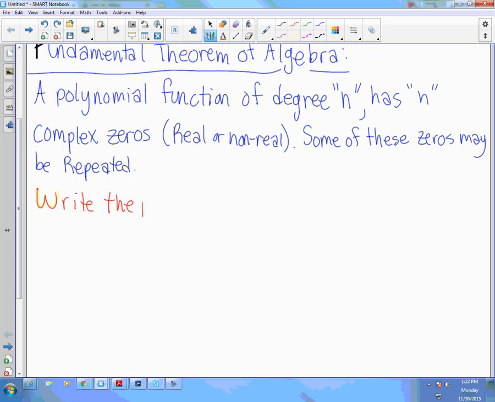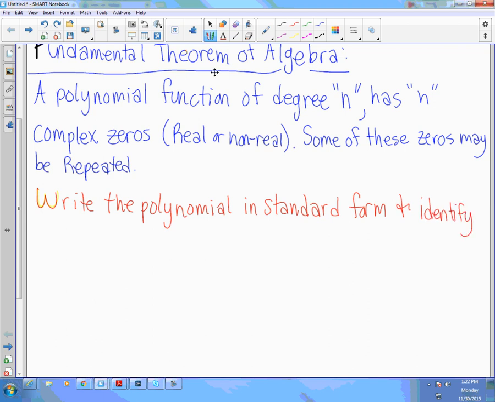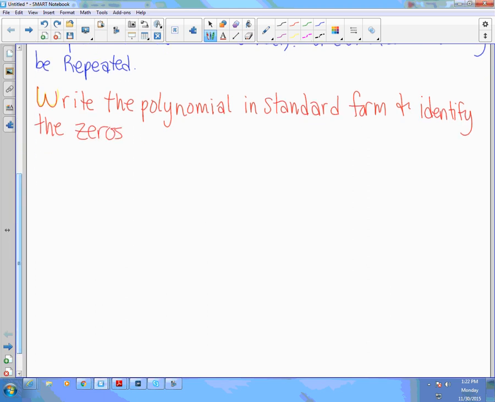Right. The polynomial in standard form and identify the zeros and x-intercepts.